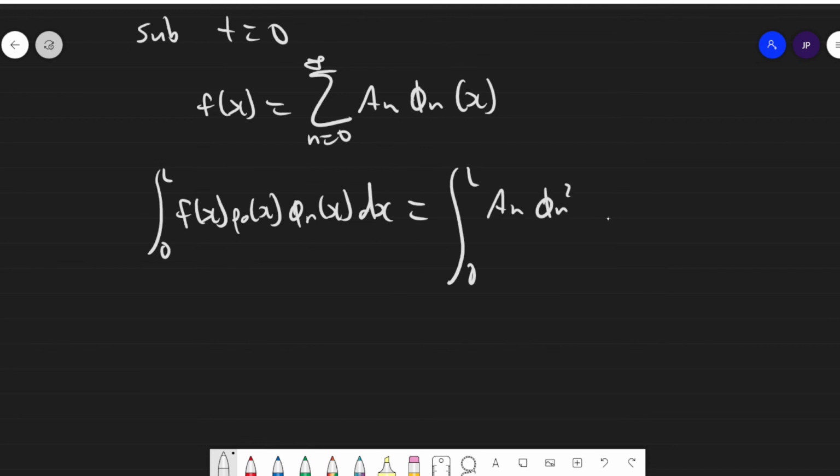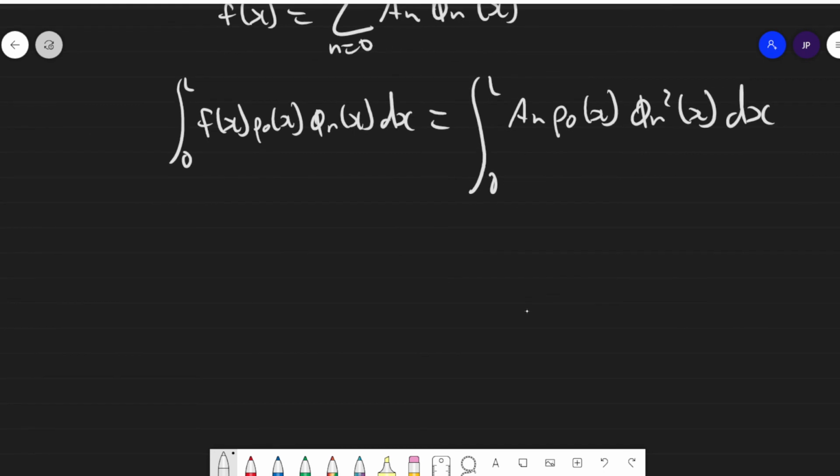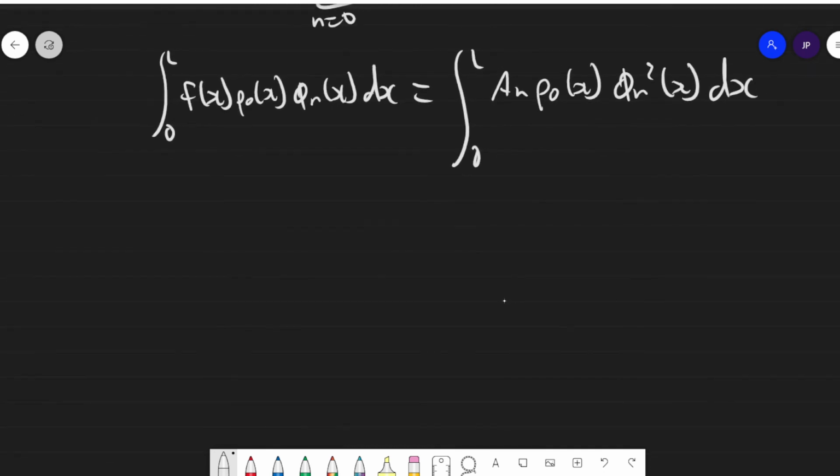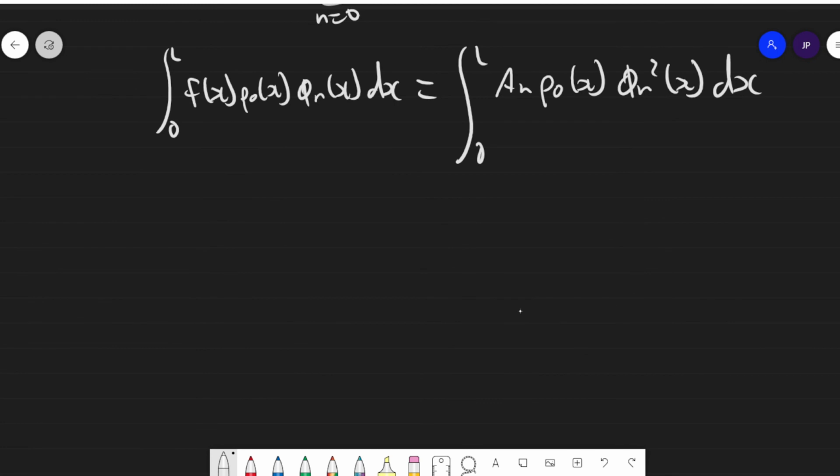Oh, sorry, again, with respect to the weight function. Okay. Now, thus, I'll have an equals.